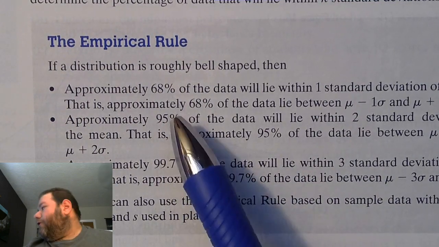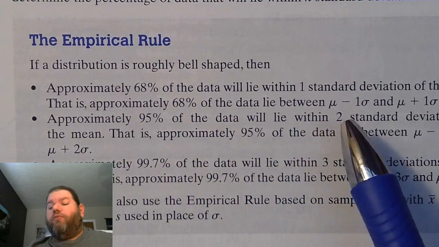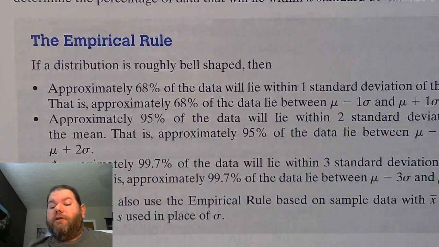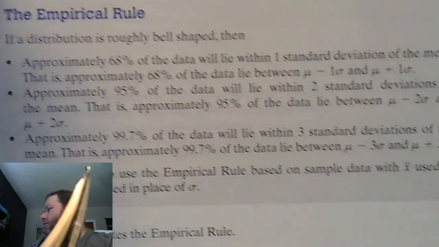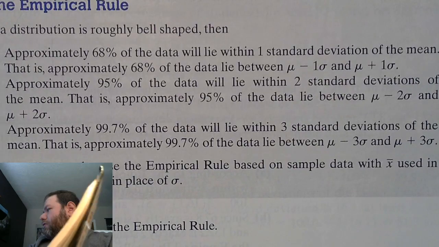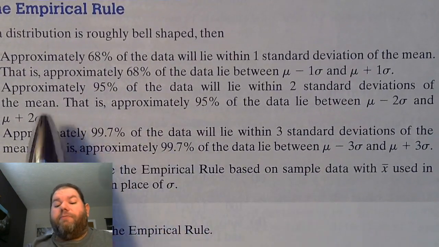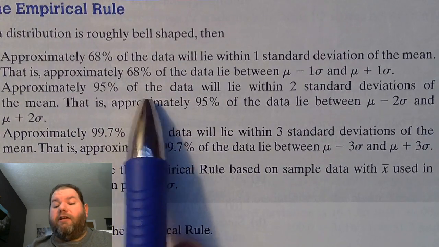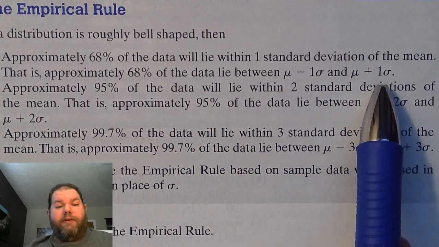Then that means approximately 68% of the data will lie within one standard deviation of the mean, which is to say that approximately 68% of the data will be between mu minus sigma and mu plus sigma.